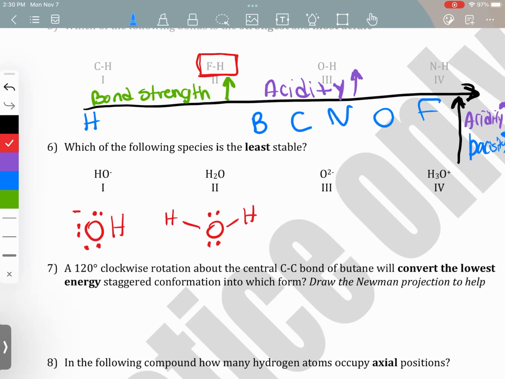O2 minus is oxygen by itself with all these lone pairs. And hydronium, H3O plus, is the oxygen with 3 bonds and a missing set of lone pairs. So you have all 4 of these species here. And the question is asking which of the following species is least stable?